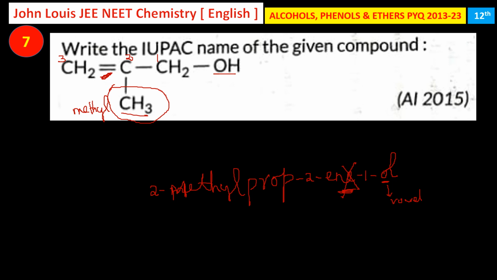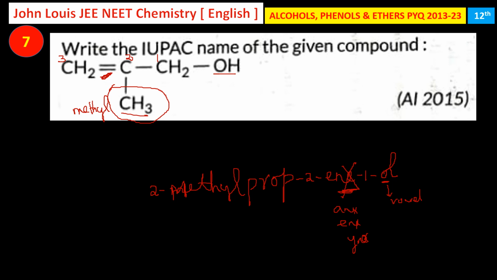So here three things come. One is an OH group, the other one is a branch, the other one is a double bond. Which one should be given priority, and how to choose the longest chain. All these things you should know. And finally, here also you should know whether the e should be retained, that en, ene. Whether this e should be retained or removed, that rule you have to be very clear. I have told you many times already, if the last suffix starts with a vowel, then that e in the previous suffix should be removed.